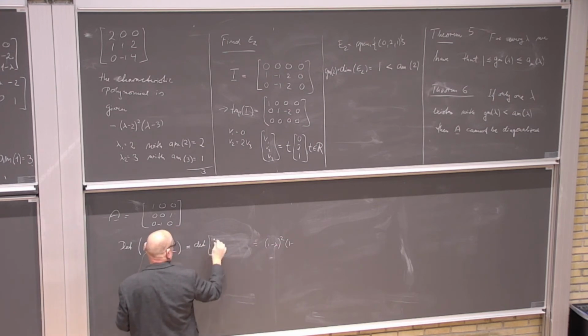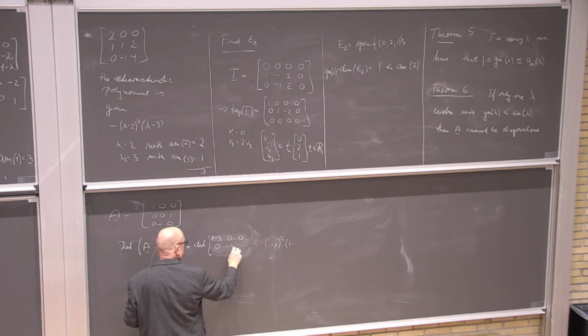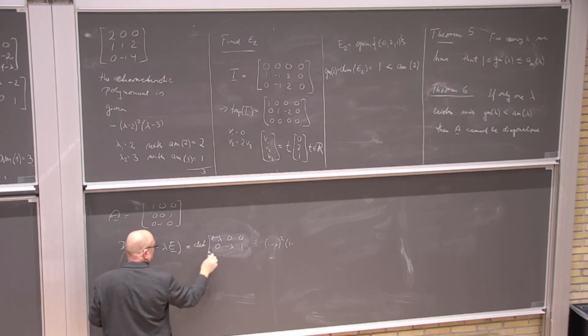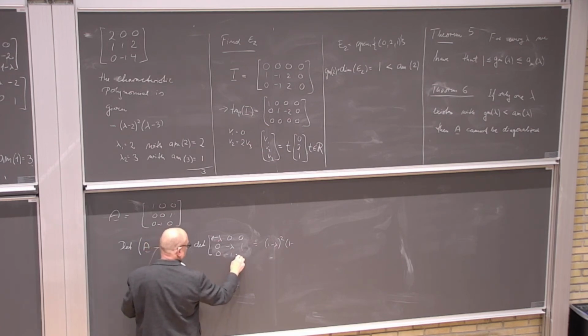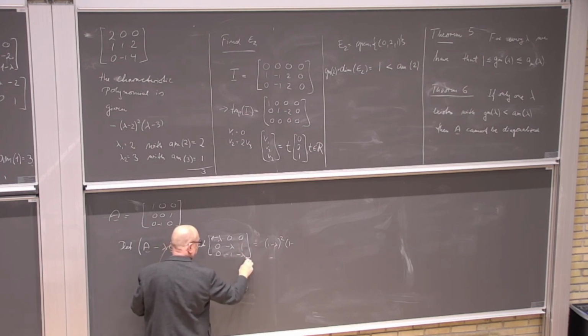Let me do it again. 1 minus lambda, 0, 0, and 0, then minus lambda, 1, and then 0, then minus 1, and then minus lambda.